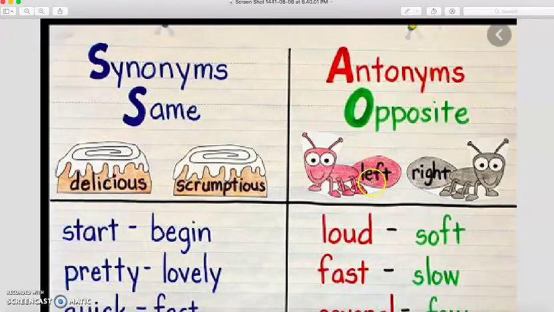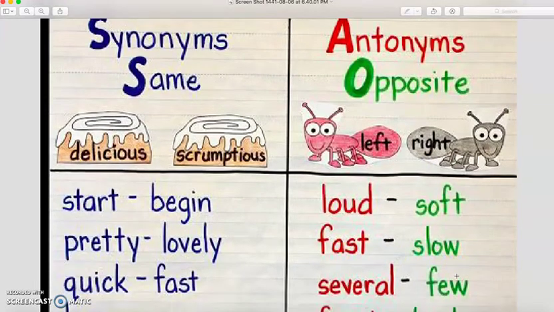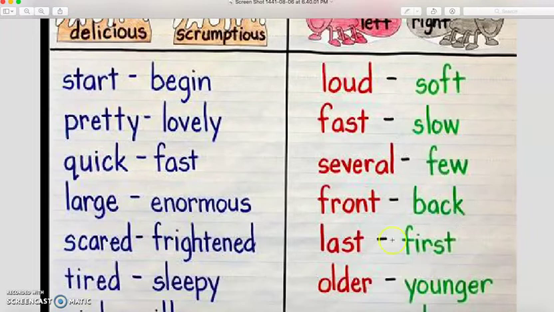I'm going to give you some examples just as shown here in the picture, such as left, right, loud, soft. What's the opposite of fast? Slow. Someone who's really moving slow. Now we have several types. What's the opposite of several? Like I have many or a lot. Few, like I don't have a lot, I have little.